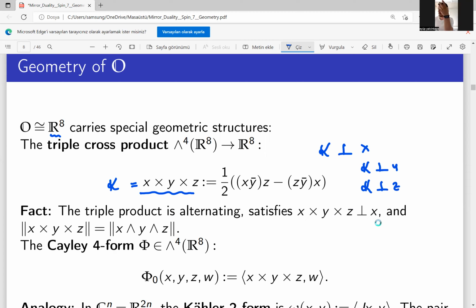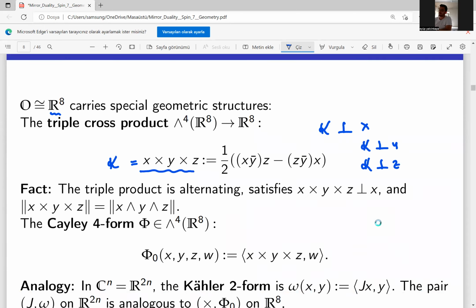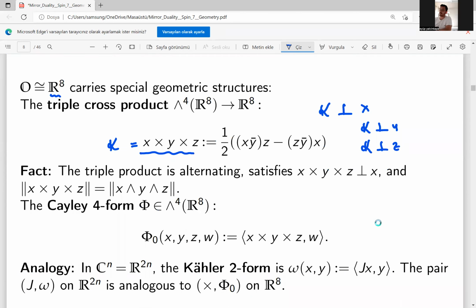This is the property of the cross product, and it can be defined as an element of R8 again. How can we define this one? You can multiply x, y bar, and multiply with z, and subtract z, y bar times x.